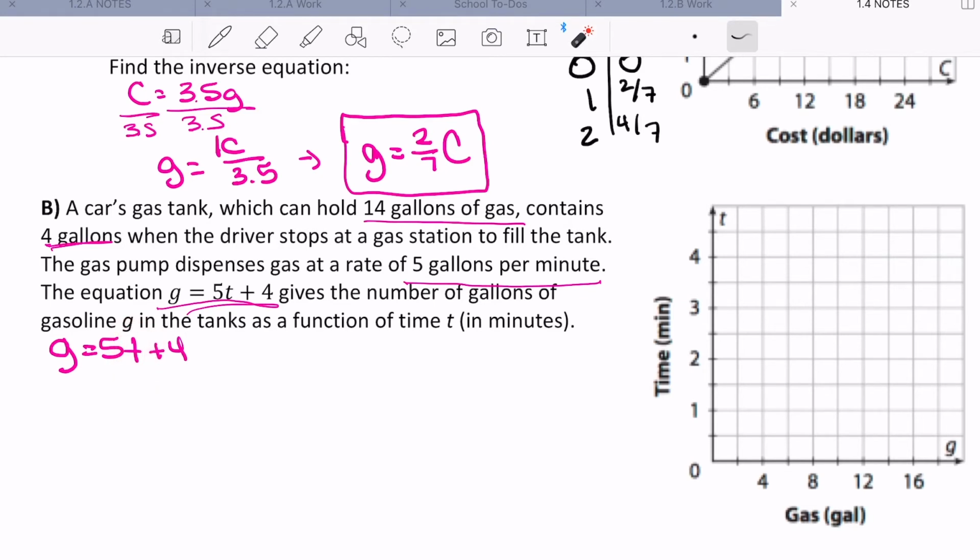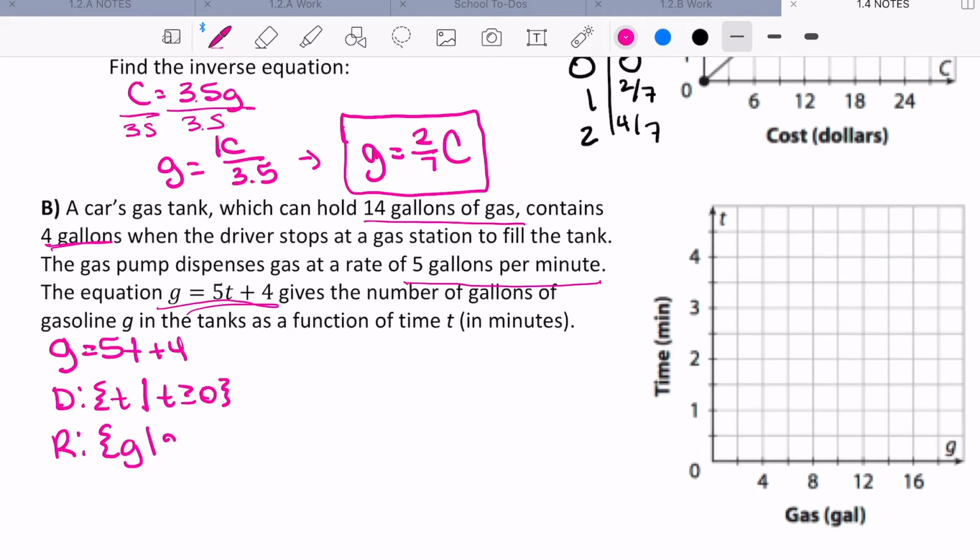So we would write it out as the domain is time, and thinking about time, we're really not limited. It could take however much time it needs. And the range would be G for gallons.